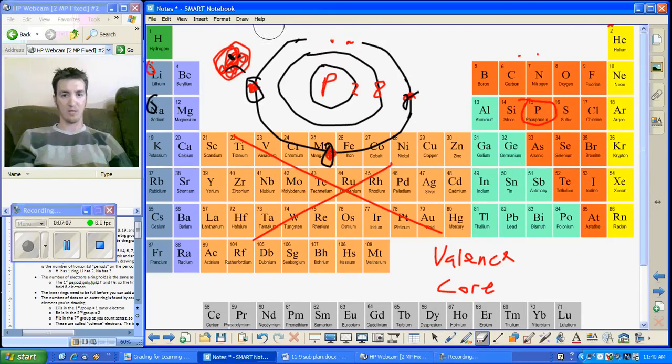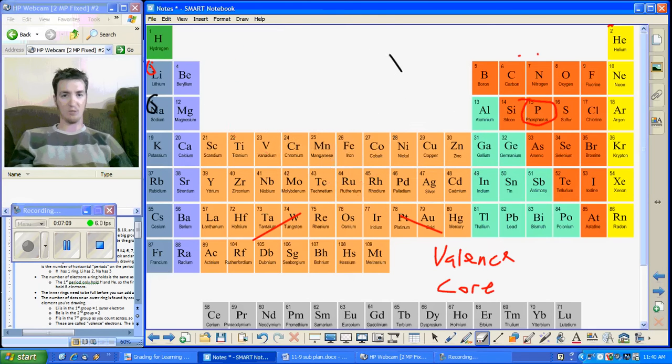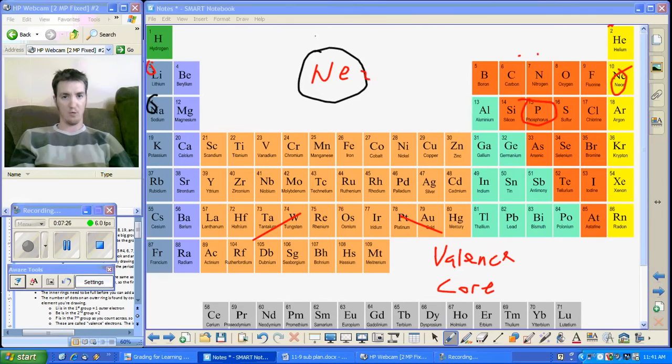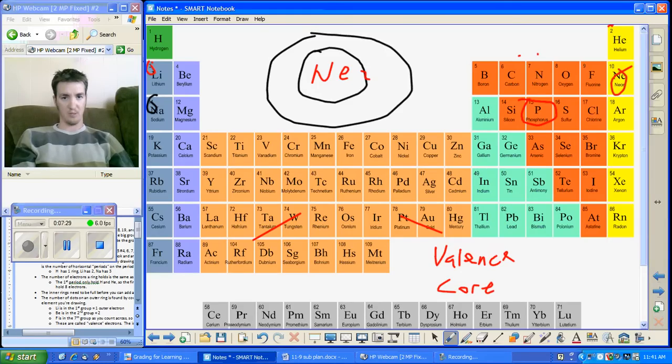So if we looked at neon, this is where you could pause it, draw it, see if you're right. So if we looked at neon over here, now you can pause, see if you can draw it correctly. Neon is going to be 2 shells. First one has 2. The second one has 8.